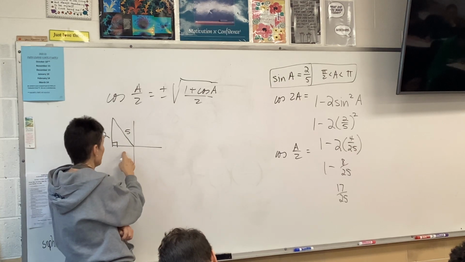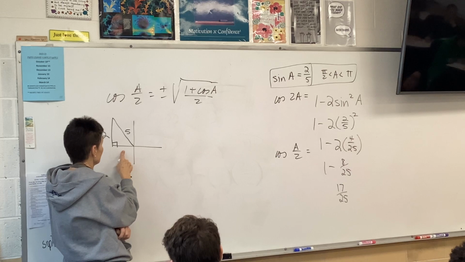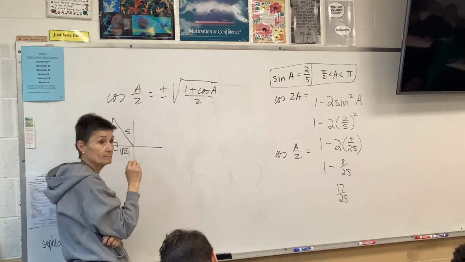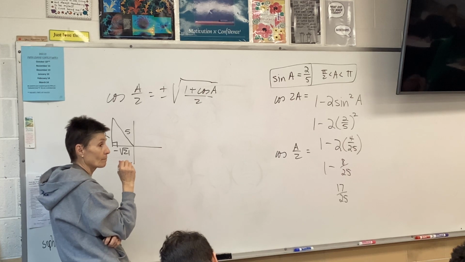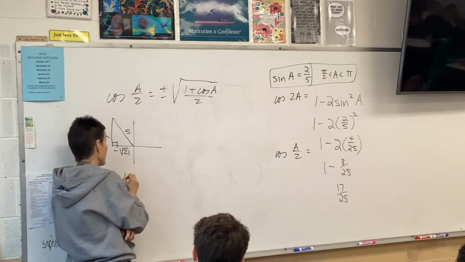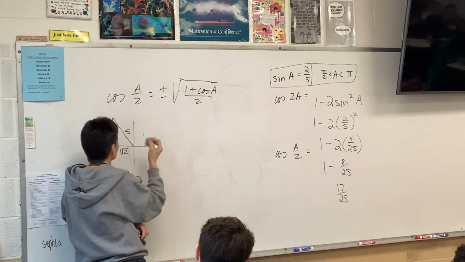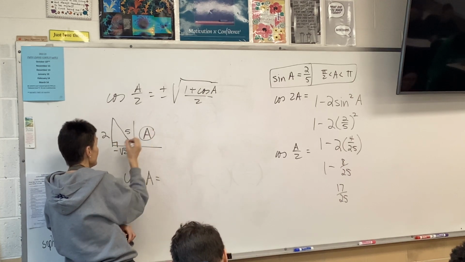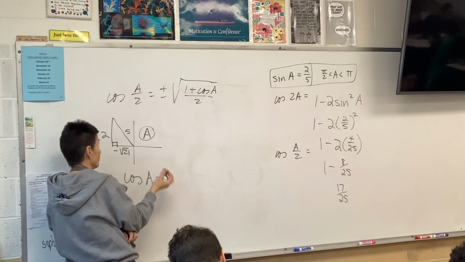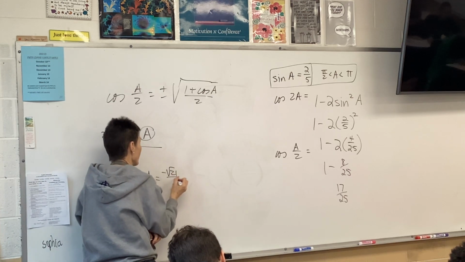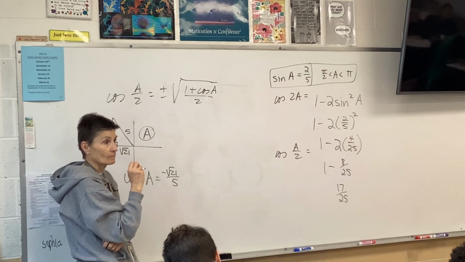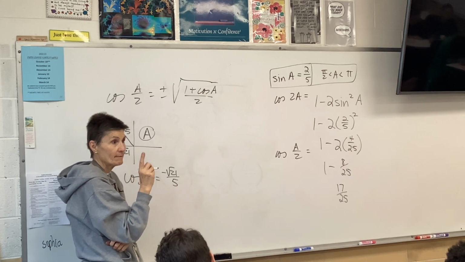Or what's the adjacent side? Negative root 21, which means the cosine of this angle, this is A, this is a picture of A, the cosine of that angle is negative root 21 over 5. Are you okay with that?